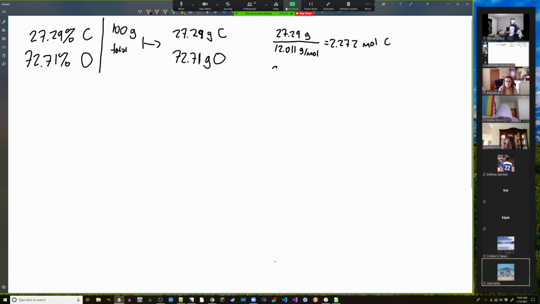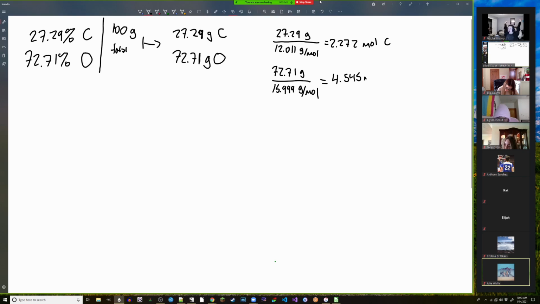And then we're going to do the same process for oxygen, the 72.71 grams of oxygen over its molar mass, 15.999. Again, another one we've seen a lot, grams per mole. 72.71 over 15.999 rounds pretty inefficiently to 4.544659, so 4.545 moles of oxygen.